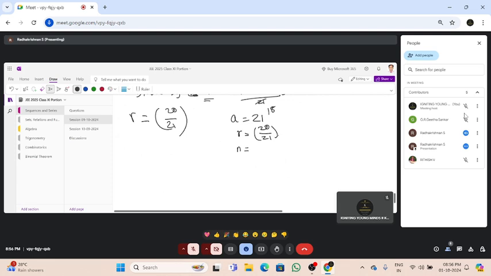So 0 to 18, that is 19 terms. Geeta, you follow n equal to 19, right? So this is a pure geometric series with A equal to 21 to the power of 18, R equal to 20 by 21, n equal to 19.